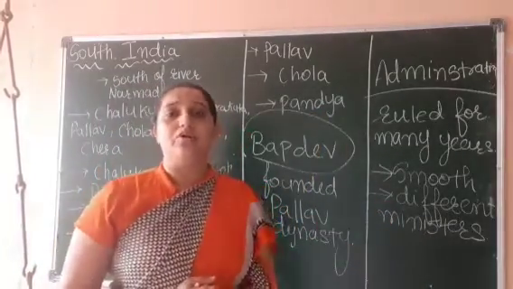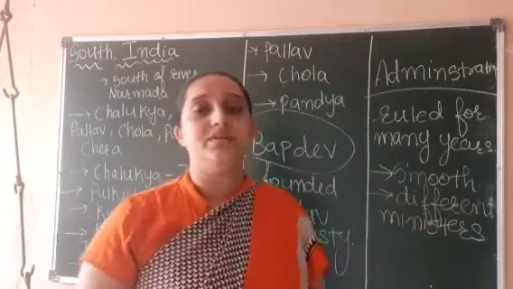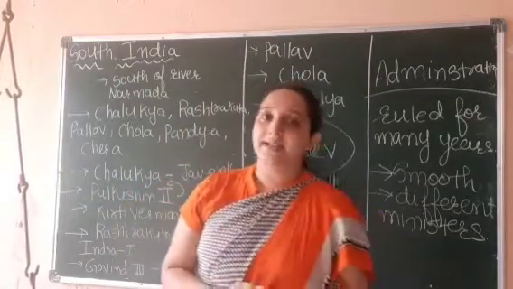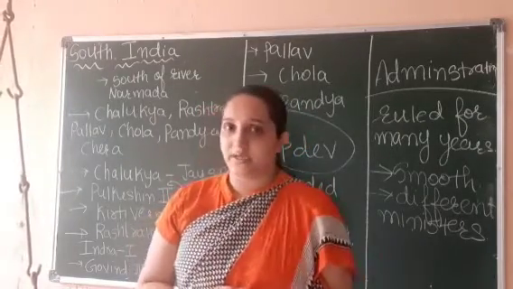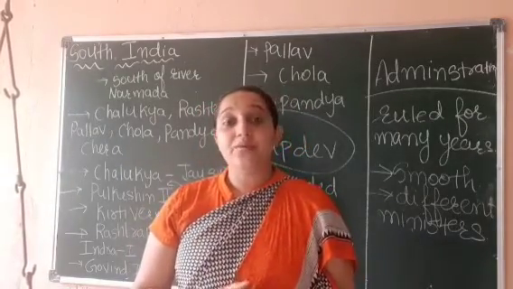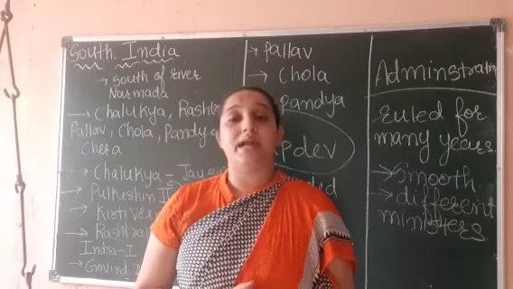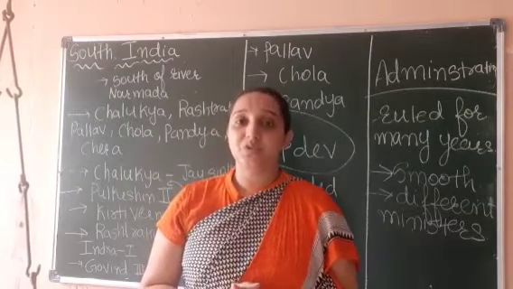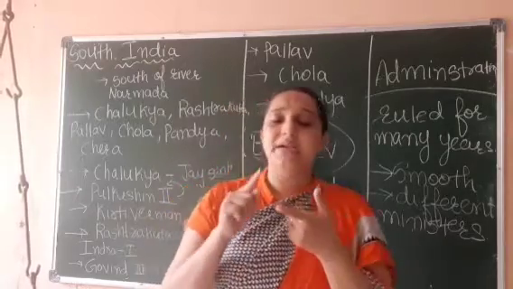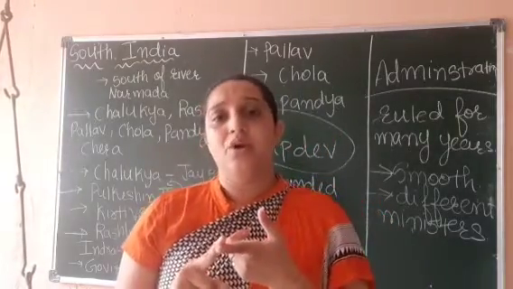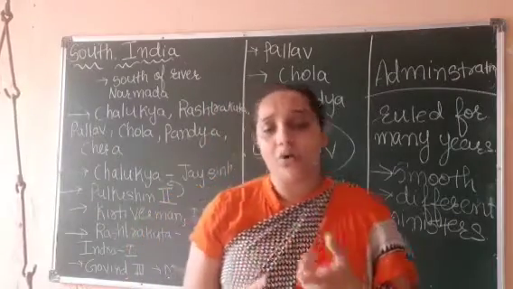Now we will talk about trade and commerce. Now students, trade means to export and import goods from one place to another, right? So trade was also very good during the time of Rajputs. When Rajputs were ruling, the trade was very good. They built many ports for the export and import of goods.